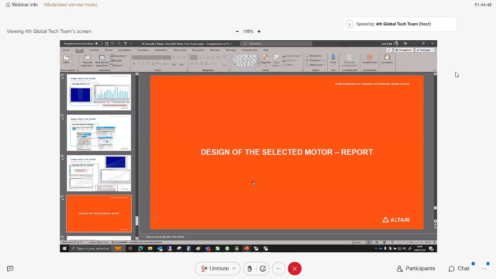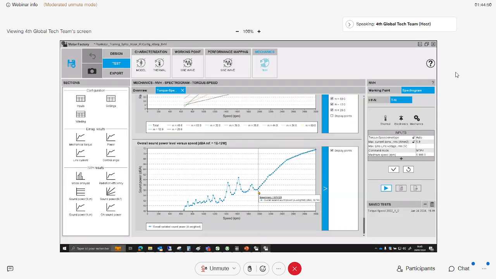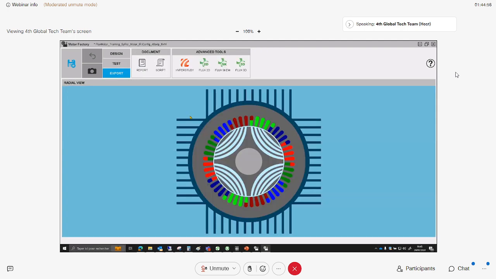Okay, right, then I am happy with all these results actually, and then once you finish the results, you may choose to make optimization, then you have to export to HyperStudy. You may want to make some shape optimization, then you have to export to FluxStudy.